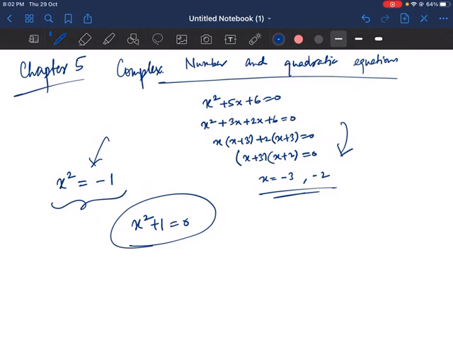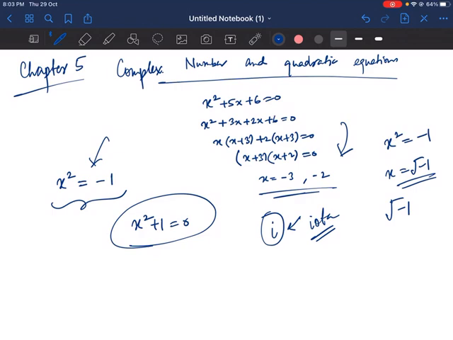In complex numbers, the imaginary unit is known as i, iota. And what is iota? It is the square root of -1. So if you have x square equal to -1, the solution of this equation is x equal to root over -1, and this is not a real number because this is not a real solution.